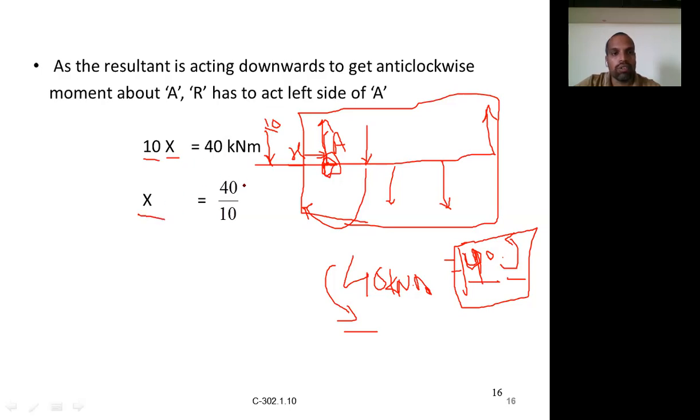Then x is equal to 40 by 10, which is 4 meters to the left of A. From here to here the distance will be 4 meters. Now we got the line of action of the resultant force.